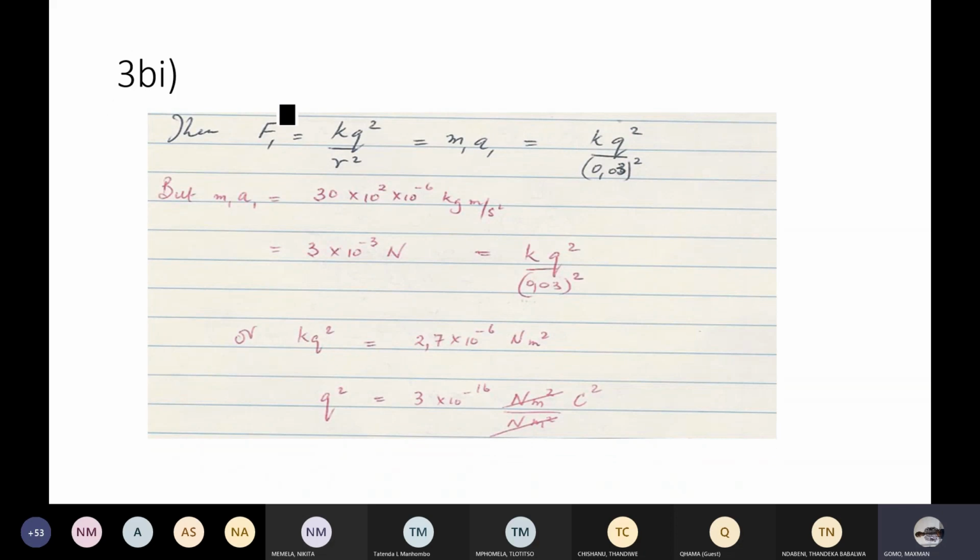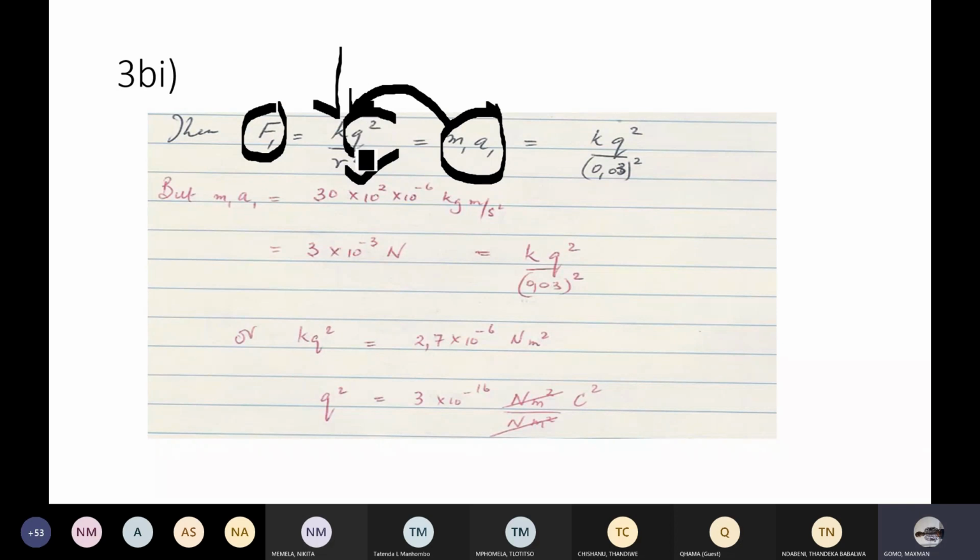Since now you have gotten the value of F1, which you got through this formula, you can equate it to the normal formula of Coulomb's law that you know. You know the value of K, you know the value of R. What you don't know is the value of Q, which happens to be Q1 and Q2.